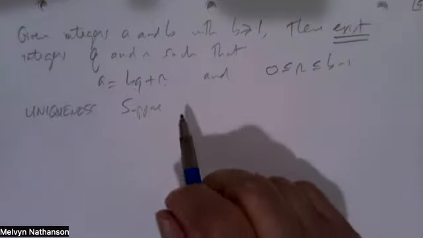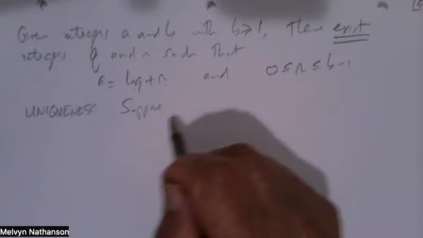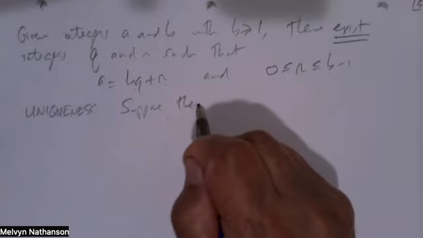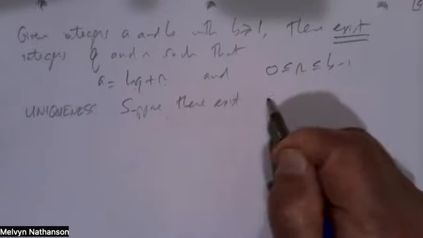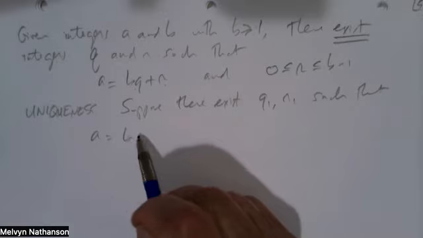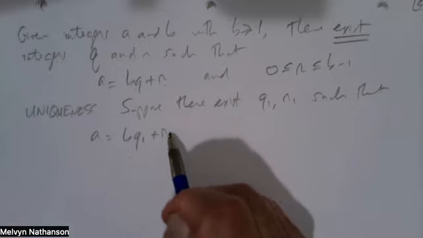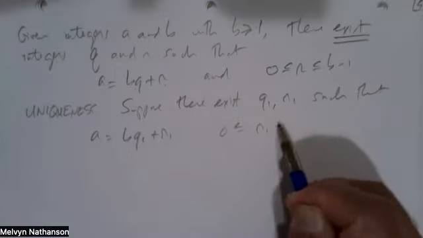Suppose q and r are two numbers that satisfy this. And suppose we also have q1 and r1 such that a is equal to b q1 plus r1. And r1 is also between 0 and b minus 1.